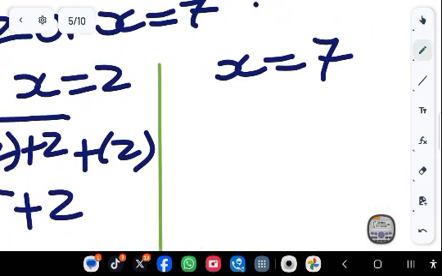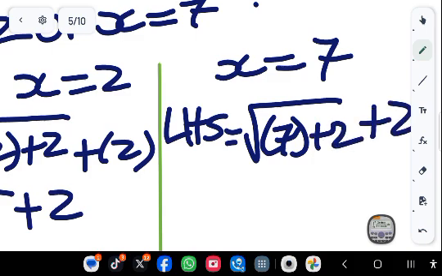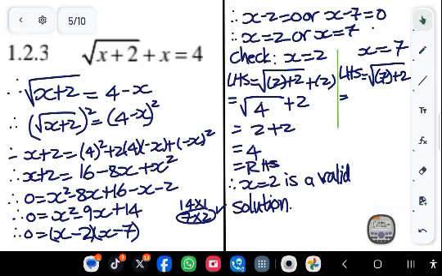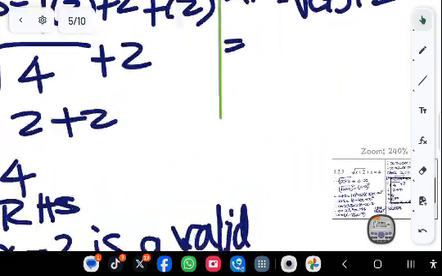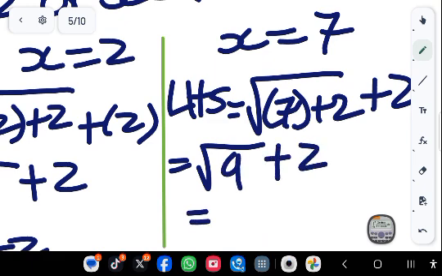Left hand side equals to square root of 7 plus 2 plus 2. Which is square root of 9 plus 2. Square root of 9 is 3 plus 2.